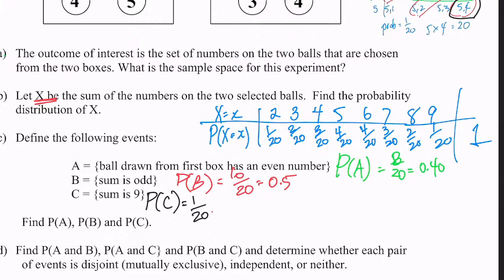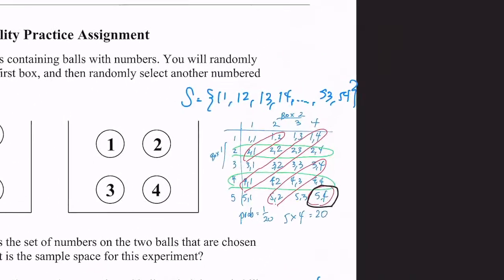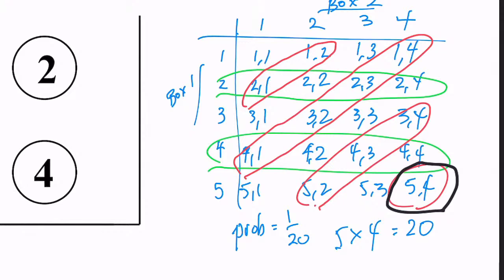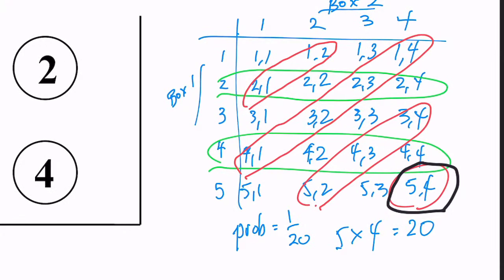How do we check if A and B are independent? What does independence mean again? It means if I know one event occurred, it doesn't change the probability of the other one occurring.